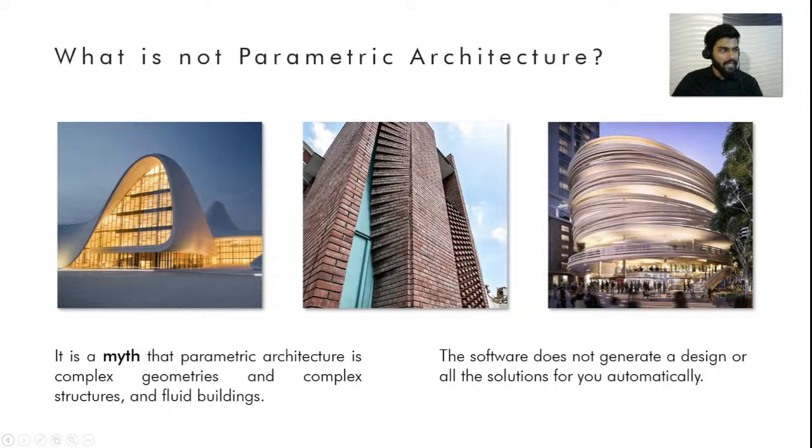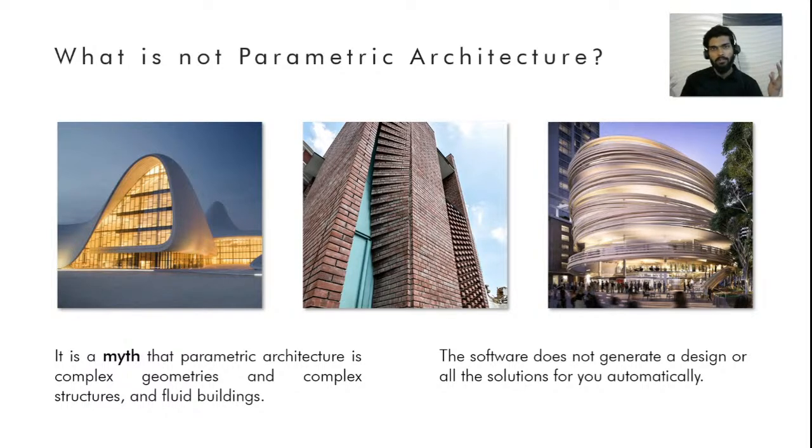Before we dive into understanding what parametric architecture is, it is very essential to understand what parametric architecture is not. I'm sure you must have seen these buildings all over social media, or while researching or trying to take some inspiration for your projects. The first building in Azerbaijan by Zaha Hadid Architects, and the Guggenheim Museum, these buildings go synonymous with parametric architecture.